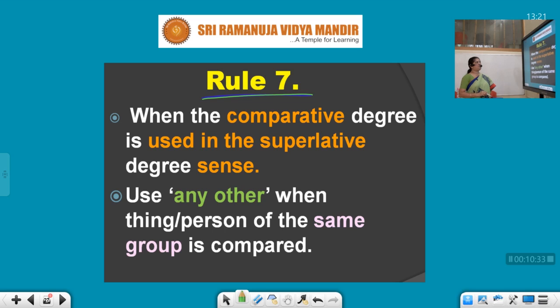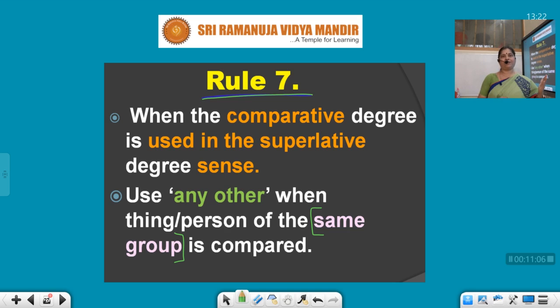When the comparative degree is used in the superlative degree sense, use any other when things or persons of the same group is compared. Now this is very, very important, students. Same group. I can't say Reena is more lovely than any puppy or any other puppy or any other puppies.